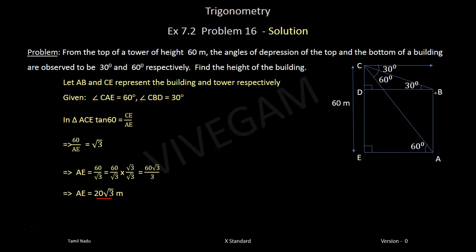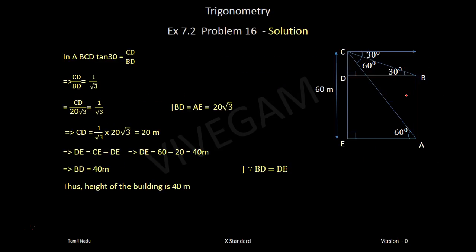Now, consider triangle BCD. Tan 30 is opposite by adjacent. So tan 30 is opposite, which is CD, divided by BD. Tan 30 is 1 by root 3, so CD by BD will be equal to 1 by root 3.